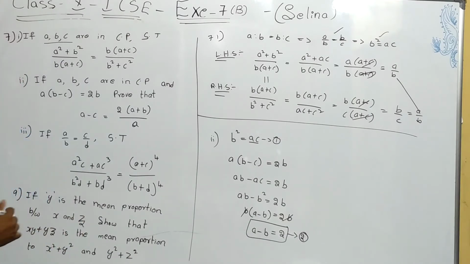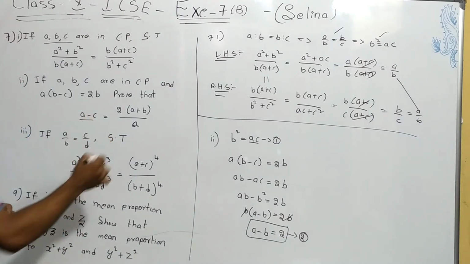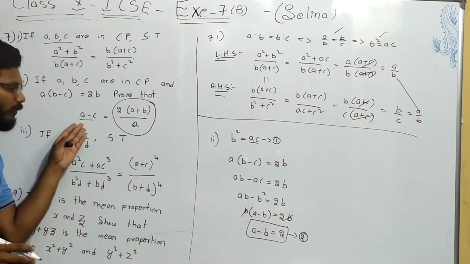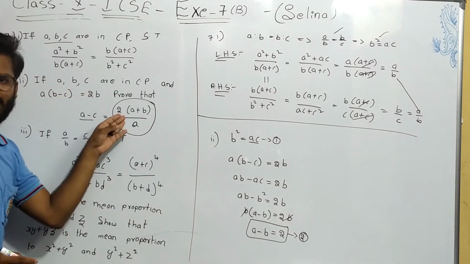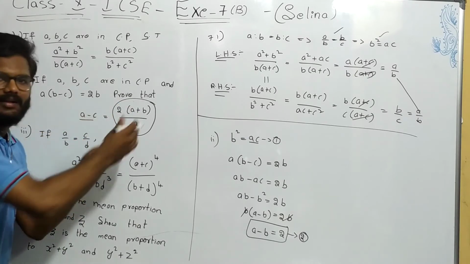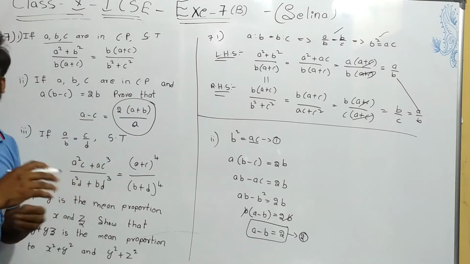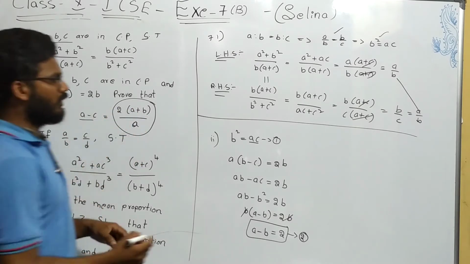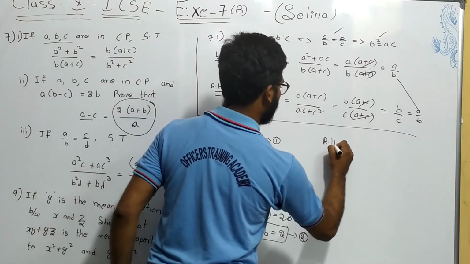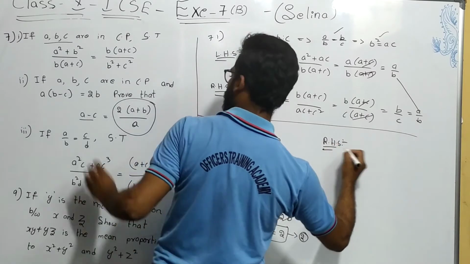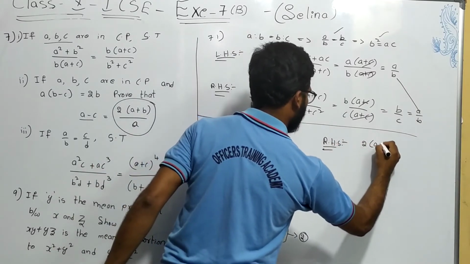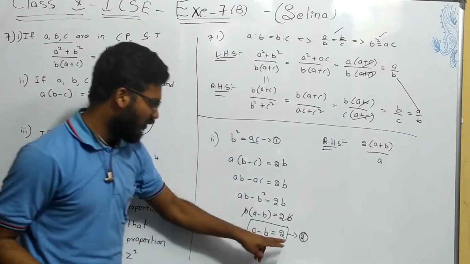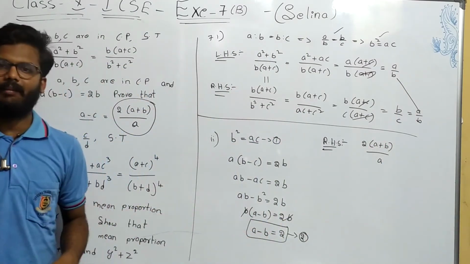Now, see, I want to prove A minus C is equal to 2 into A plus B by A. If I want to prove from LHS to RHS, we have to expand the terms, but it is not easy to expand the terms. So, let us come from RHS to LHS. So, let us take RHS as 2 into A plus B by A. Now, I know 2 is equal to A minus B, right?